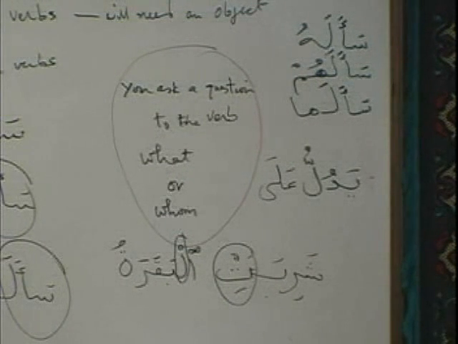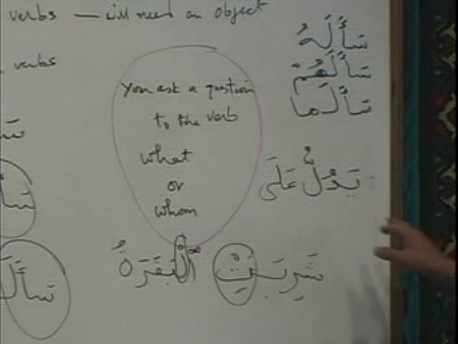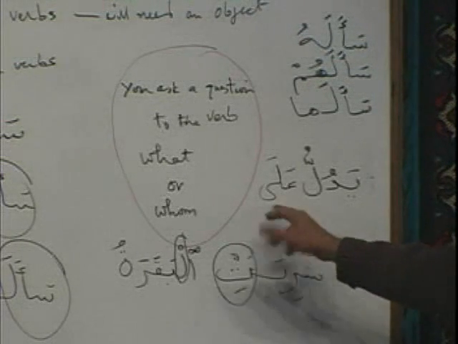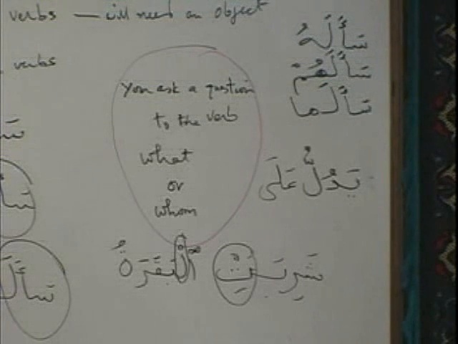Pointing to what? The fa'il in Zahaba points to what? Bilal. So you will say, Yadullu ala Bilalin. Why Bilalin? Harf jar, ism majrur.